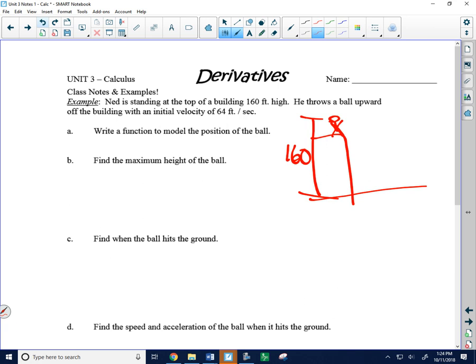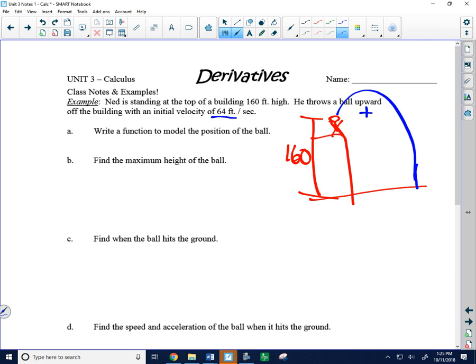He throws a ball upward off the building. I guess it's not too different from the last one. There was an initial velocity. He's throwing the ball upward, so if he throws the ball upward with an initial velocity, then it's positive.